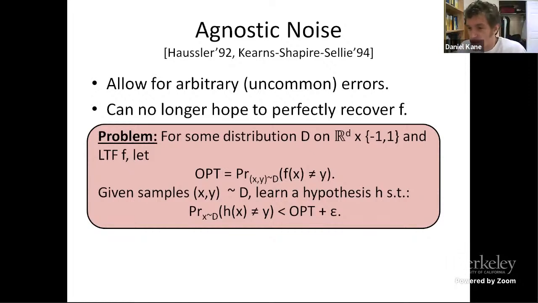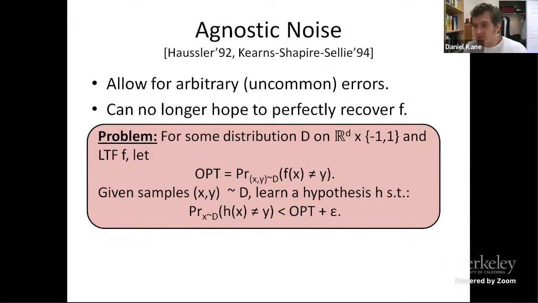And so generally the way that this gets phrased is you let D be some distribution on R^d cross plus or minus 1. And you let OPT be the probability that f(x) is not equal to y. So this is basically the smallest error that you can achieve with any linear threshold function. And now, given these samples (x, y) from D, you want to learn a hypothesis h such that the probability h(x) is not equal to y is less than OPT plus epsilon.